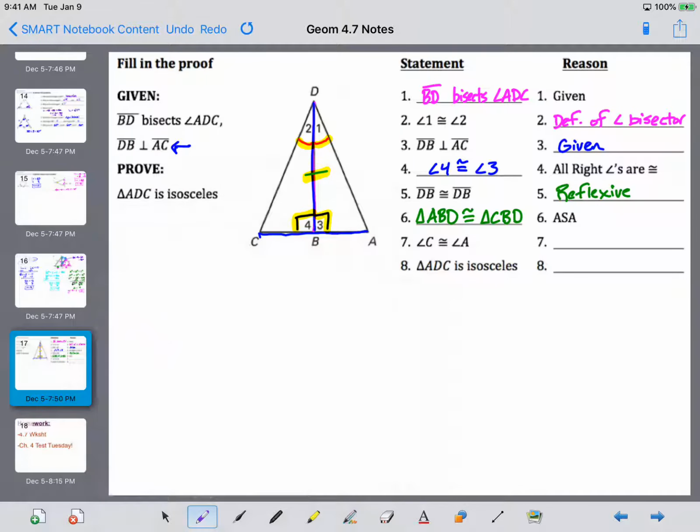So in this case, angle C is congruent to angle A by CPCTC. And if you know that the base angles are congruent, that has to be an isosceles triangle. So we got to what we're trying to prove here. It's because the base angles are congruent, and that makes it isosceles.